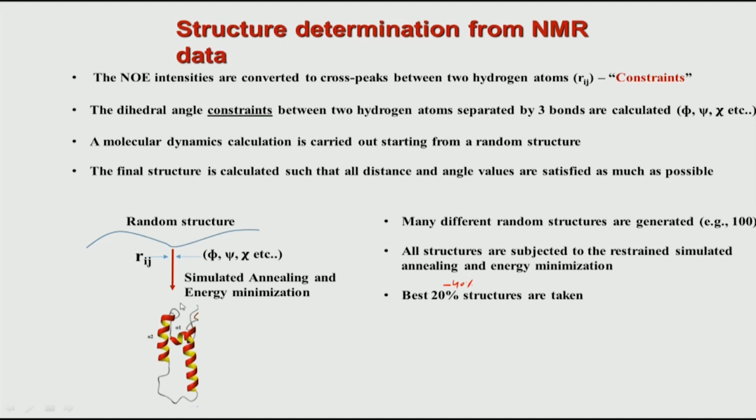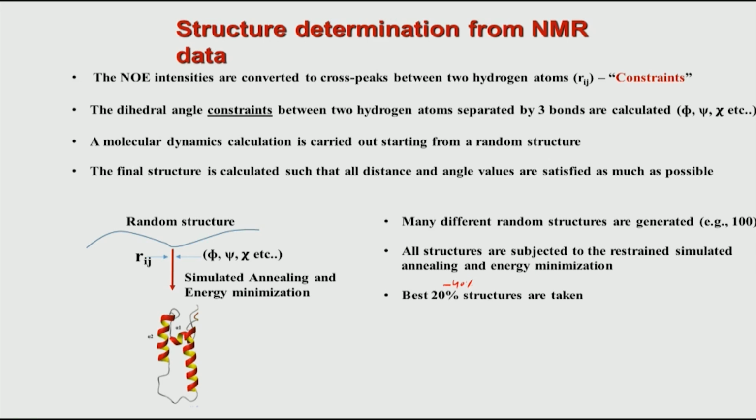A bundle means an ensemble, a collection of 20 to 40 structures, because that collection has been arrived at by generating 100 random structures, each one subjected to these conditions and energy minimized, and out of those the ones having the least energy or the least number of violations are considered the best structures, and then those 20 to 40 structures are collected, and all of them are now equally good to represent the main structure.